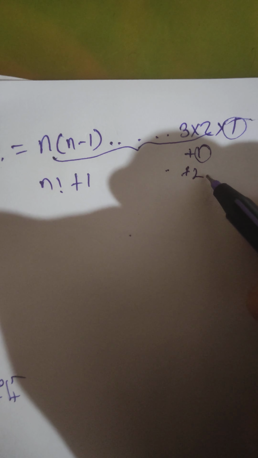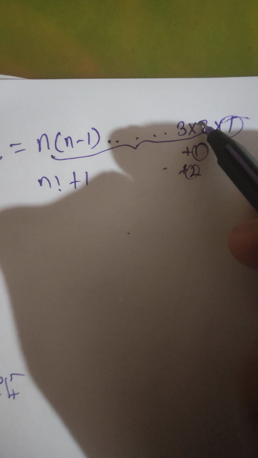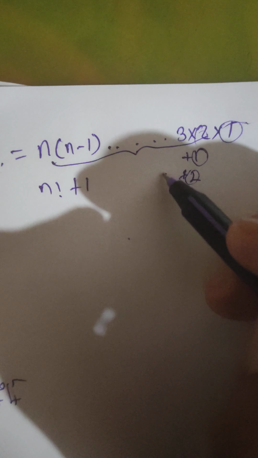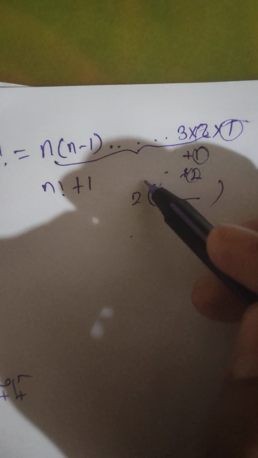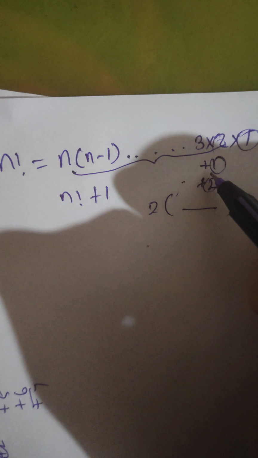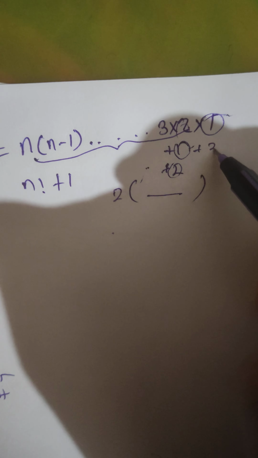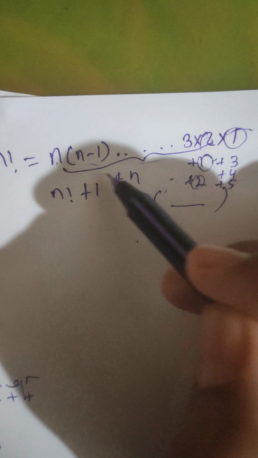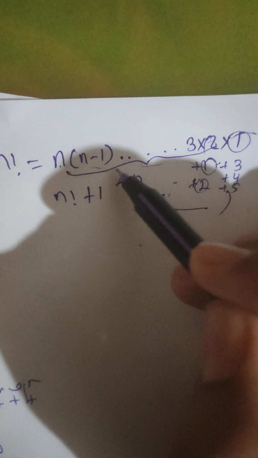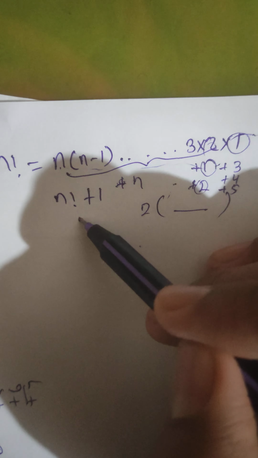Now if we add plus 2, 2 will be common, and we can take the 2 common out and we will get a composite number. So we can do the same, plus 3, plus 4, plus 5, and we can go all the way till plus n, because as we do plus n, we can take the n common out, and it will be a composite number.